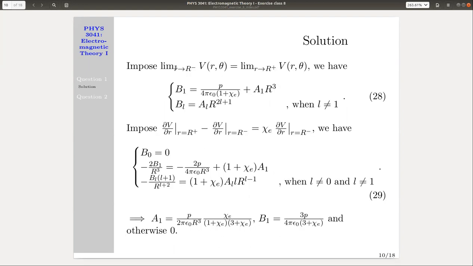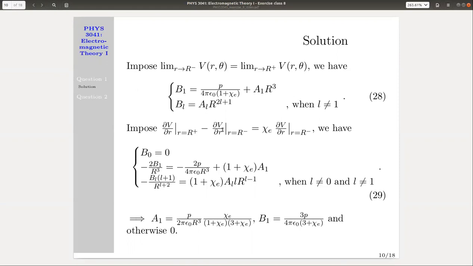So after imposing the first boundary condition by requiring the potential to be continuous across the boundary, you should be able to derive these two relationships. One corresponds to l equals 1, and the other corresponds to l not equal to 1.